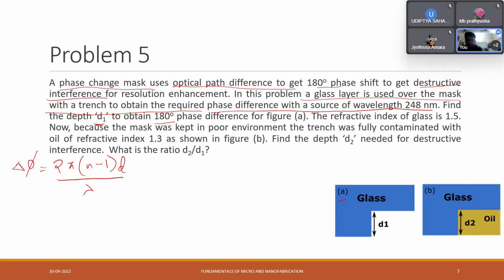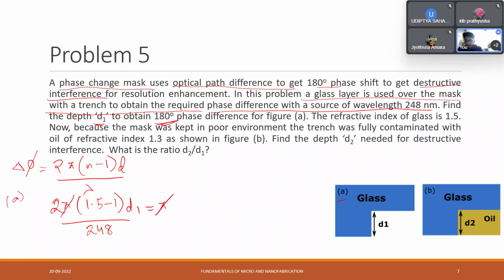So here in the first case, or case A, we have 2 pi into (n is 1.5 minus 1), divided by lambda, which is 248, into d1 equal to pi, because the optical difference of pi is taken.